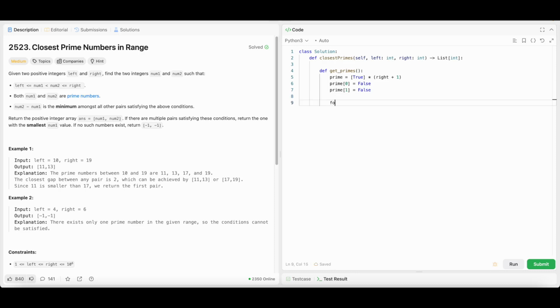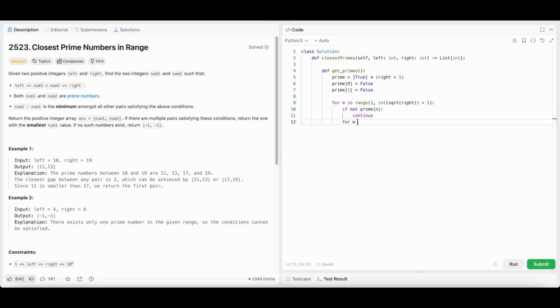Now we will loop through from 2 to the square root of right plus 1. So for n in range 1 to int of square root of right plus 1. You can also use 2 instead of 1, but for some reason I just put 1 over here. If not prime[n], continue. And for m in range(n + n, right + 1, n), so we're looking at all the multiples of n, incrementing by n, prime[m] is false.